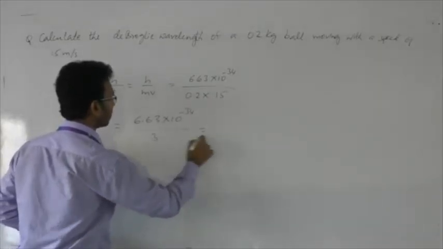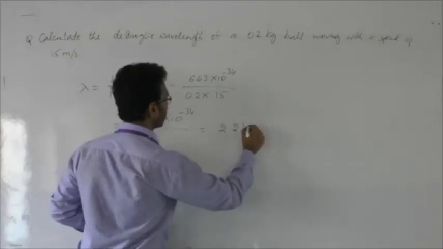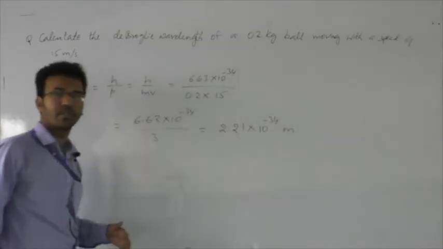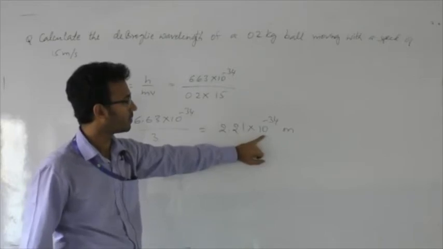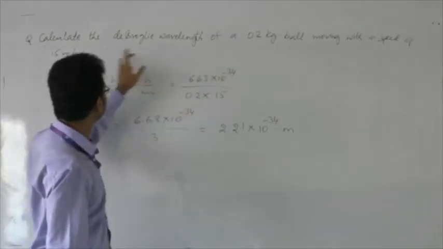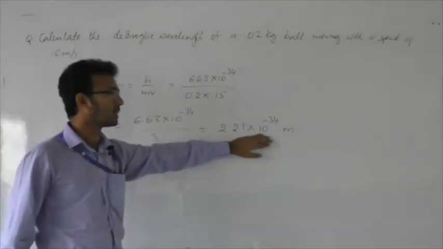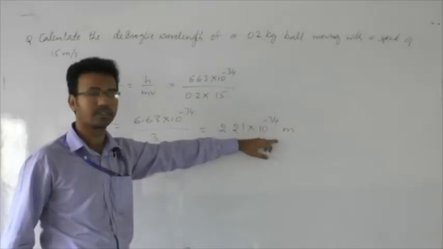So therefore the answer will be roughly 2.21 into 10 power minus 34 meters. Have you seen the wavelength associated with the ball whose mass is 0.2 kg and moving with the speed of 15 meters per second? It is of the order of 10 power minus 34 meters.